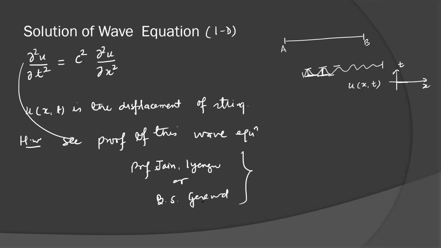Then you can better understand what the wave equation is. Our objective in this lecture is to see the solution of this wave equation. It can be solved by many methods. One famous one is separation of variables, but I am going to study it using the Fourier transform here.